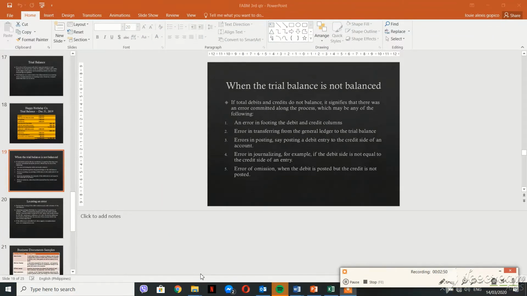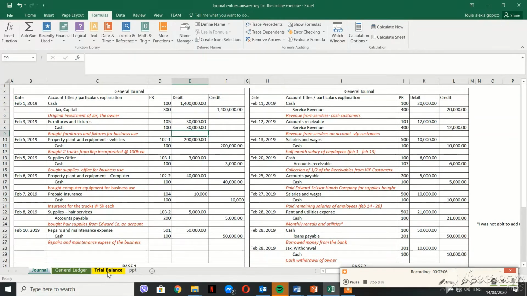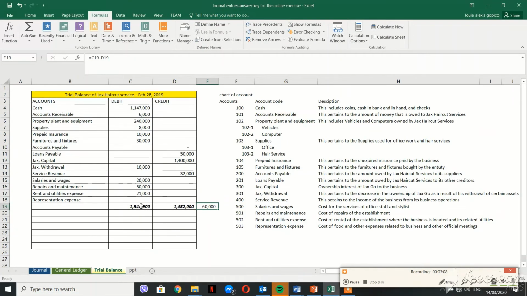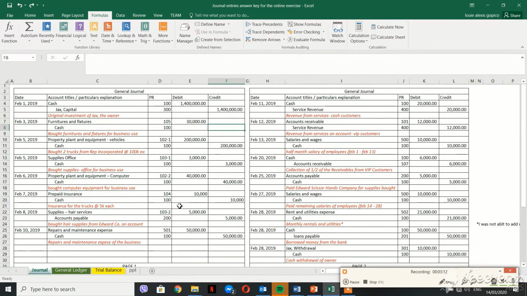Okay, so let's proceed to locating an error. In locating an error, recheck the footing of the debit column and the credit column of the trial balance. So in our example, we have to recheck the debit and credit columns.